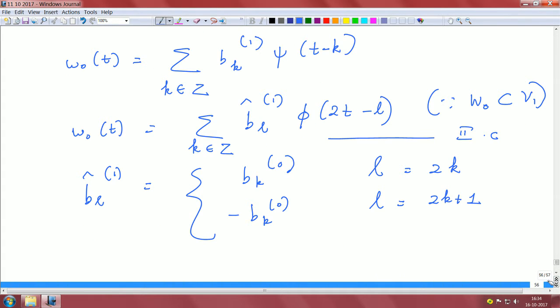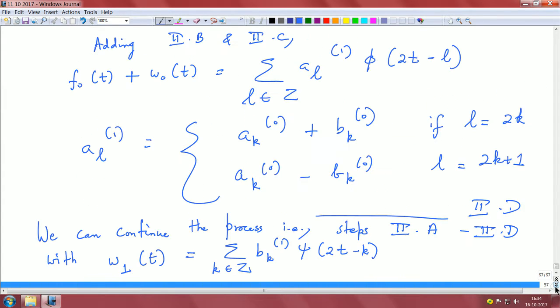I think this has to be a 0 here because scale 0 here instead of a 1 psi t minus k, and then this is basically b k 1 psi because it is scale 1, okay, consistent with this. So, now we do this process 2a through 2d recursively, W1, W2, so on, right.